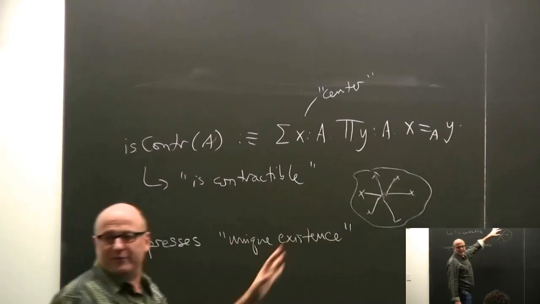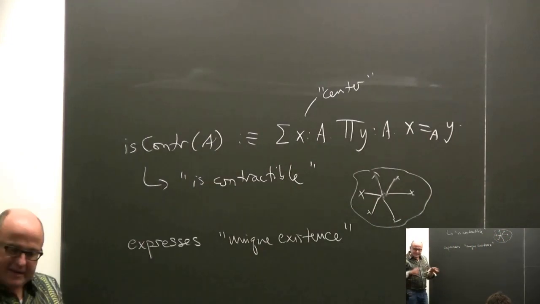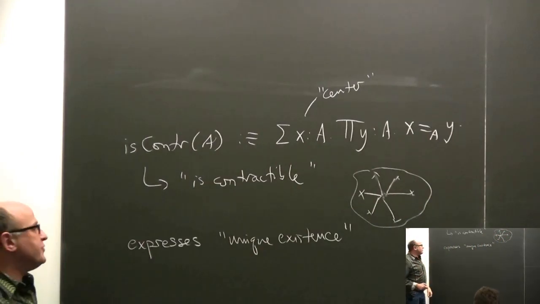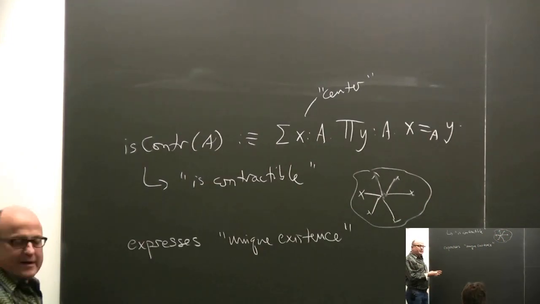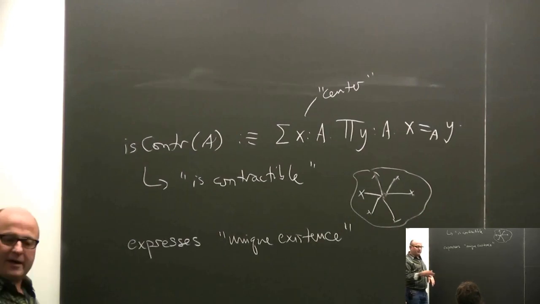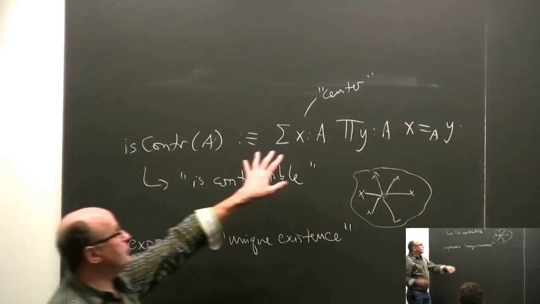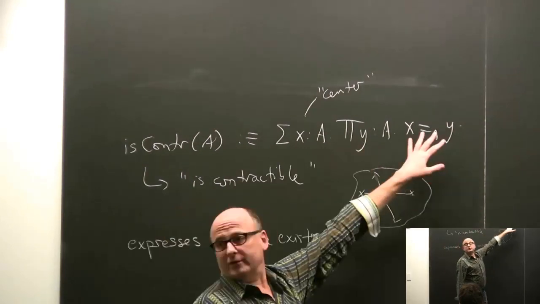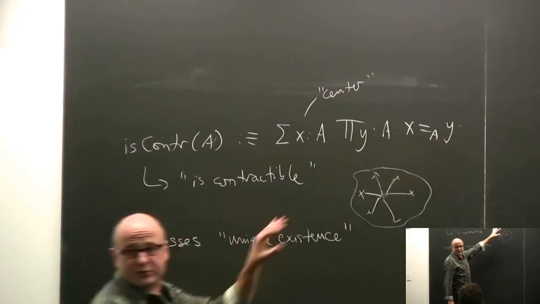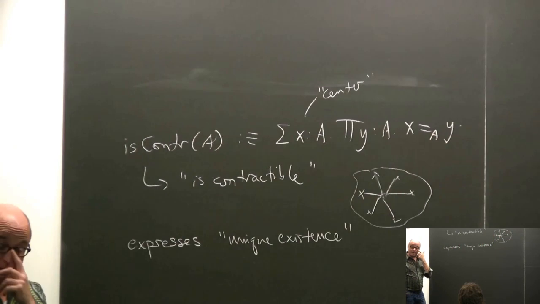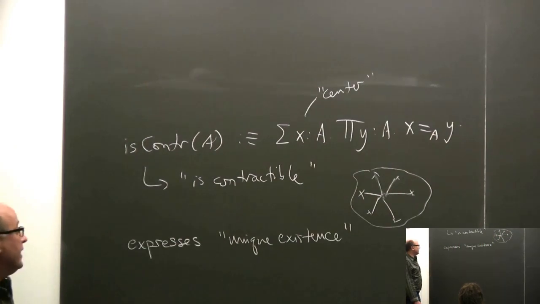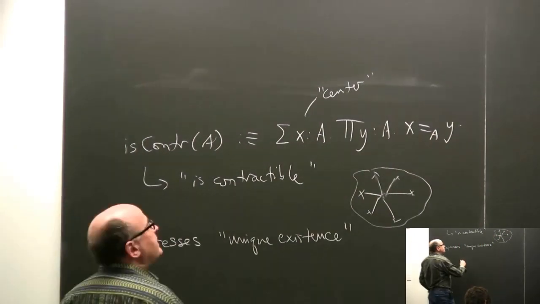So you can think of it as expressing just the package of what you say when you say, typically in a context, well, for every blah, blah, blah, there exists a unique, well, that will come out as is contractible. Okay, and that's going to be related to a definition I'm going to give in a little while. So we can think of it as expressing unique existence.